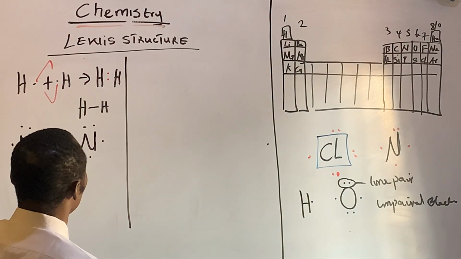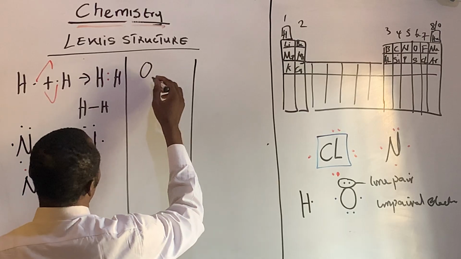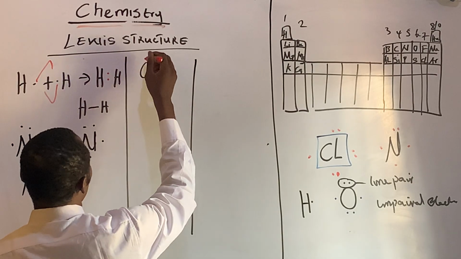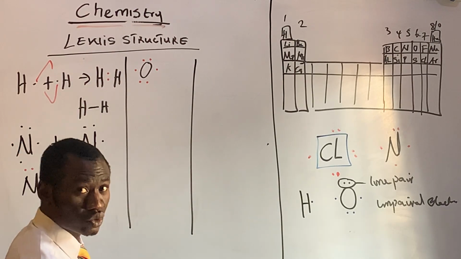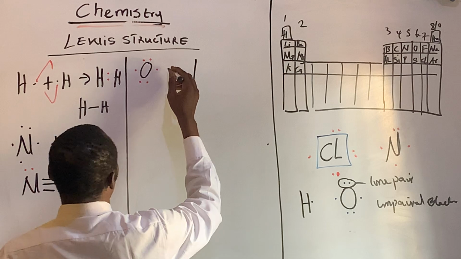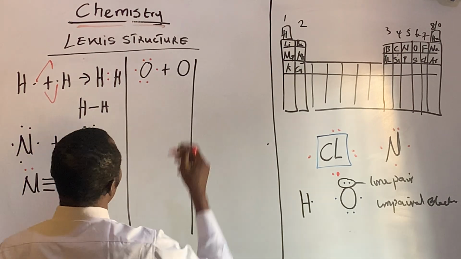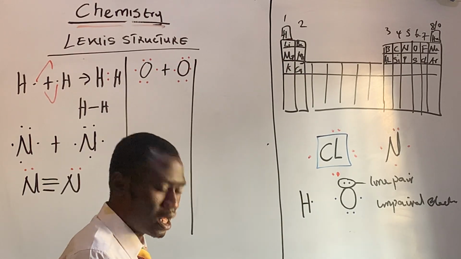Now, we can go to the next one. Let's talk about oxygen. It has 6 valence electrons: 2 unpaired and 2 lone pairs. Now we have the other oxygen here, also with 2 unpaired and 2 lone pairs.